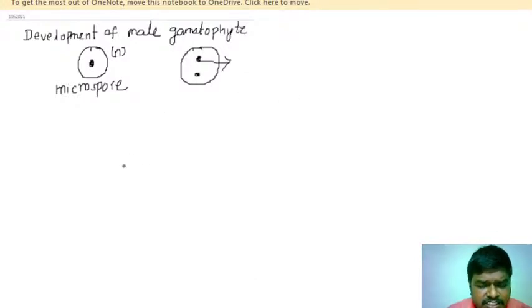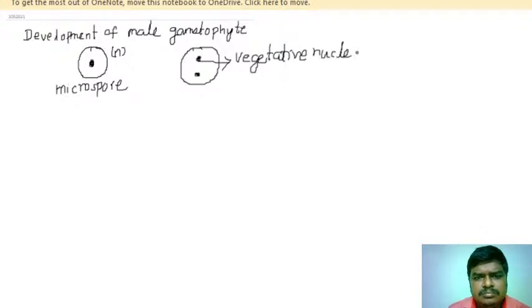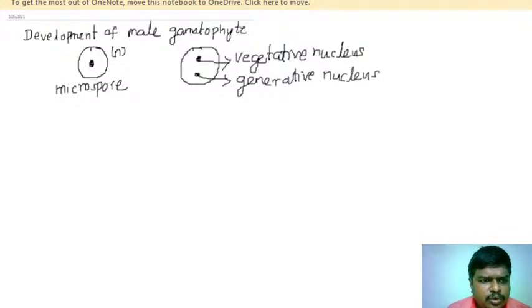One is called the vegetative nucleus and the other the generative nucleus.